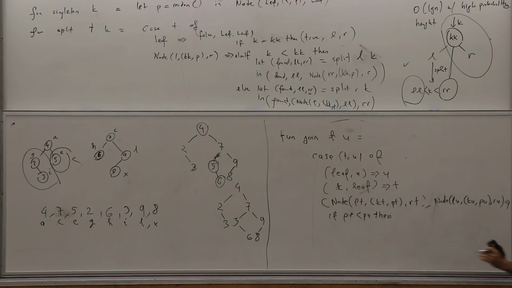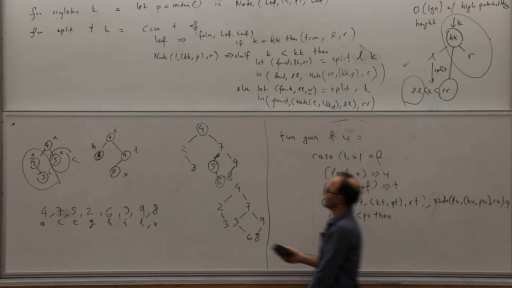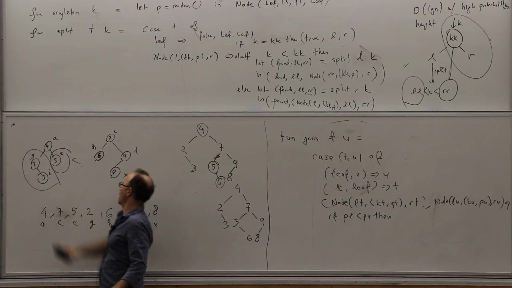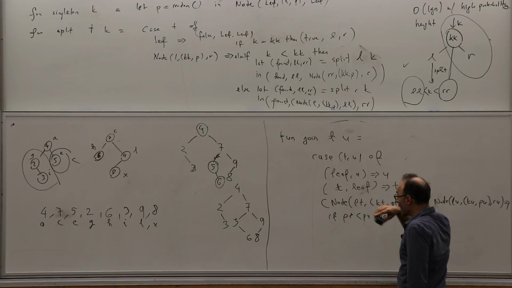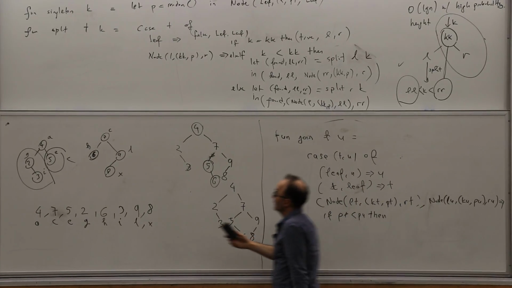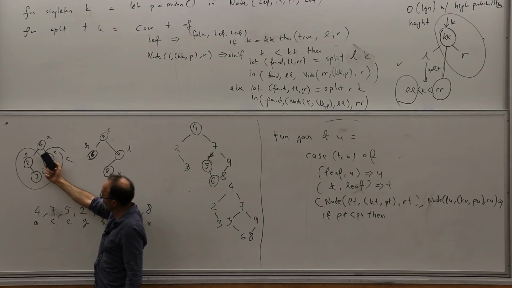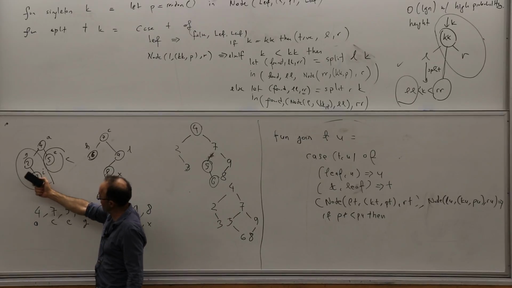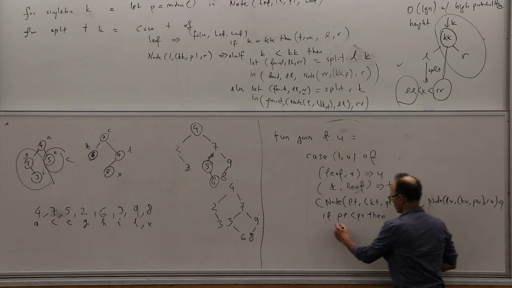In this case, what I know is this guy is going to become the root. Furthermore, I'm going to have to reason about the fact that the left subtree is coming from the left tree, and its left subtree is going to be smaller than everything in here, so I can completely keep it.